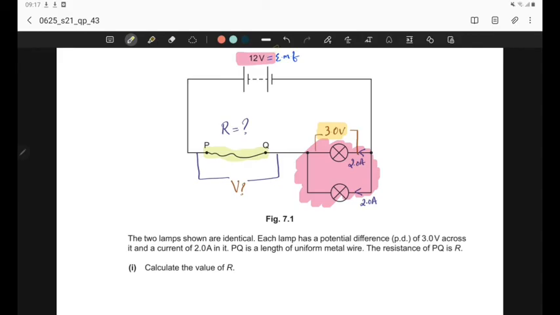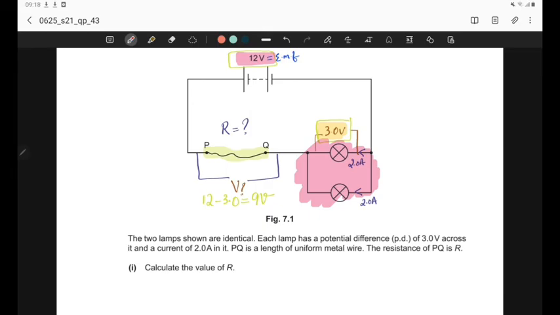This is the most important thing you should understand, that out of 12 volt, 3 volt is consumed across this parallel combination. So the remaining voltage will be consumed by the wire PQ. Out of 12, 3 volt is consumed, so the remaining is 9 volt. That is the voltage dropped across the wire.